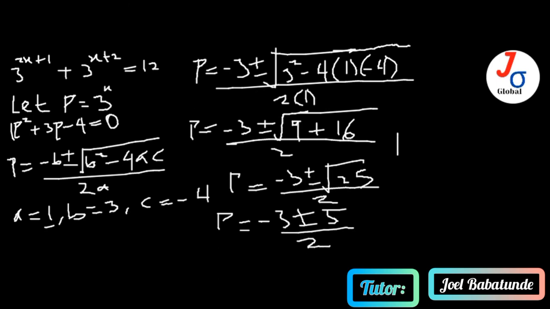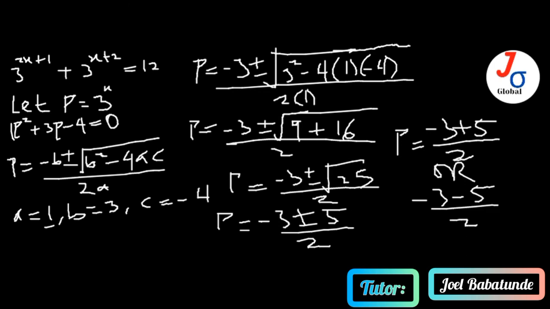So definitely p now becomes minus 3 plus 5 divided by 2, or becomes minus 3 minus 5 all divided by 2.